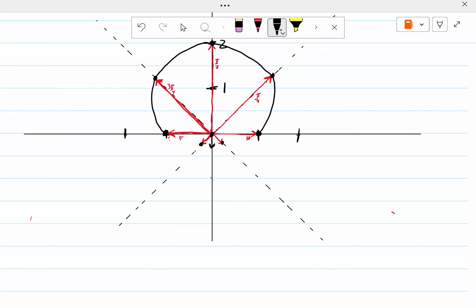And then it goes through here and goes in, and it goes through there and goes back around. This thing is called a cardioid, because of the heart shape that it has. Okay, it's a cardioid.